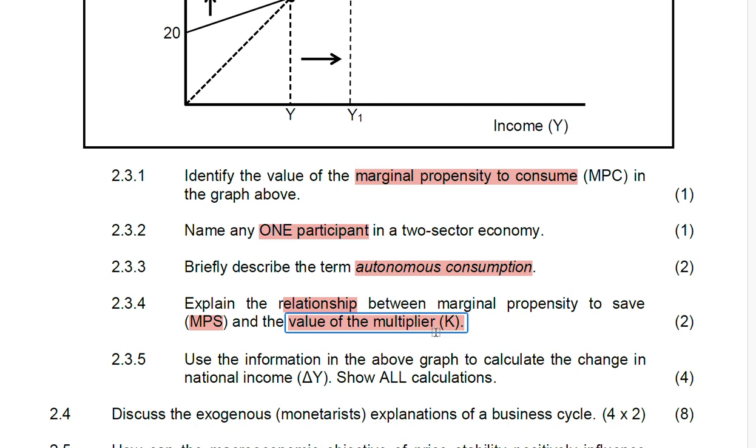The bigger the MPC, the smaller the value of the multiplier. The smaller the MPC, the bigger the value of the multiplier. So you need to explain that there is an inverse relationship. If MPC is bigger, then the multiplier will be lower and vice versa. It is important for you to understand that there is an inverse relationship.